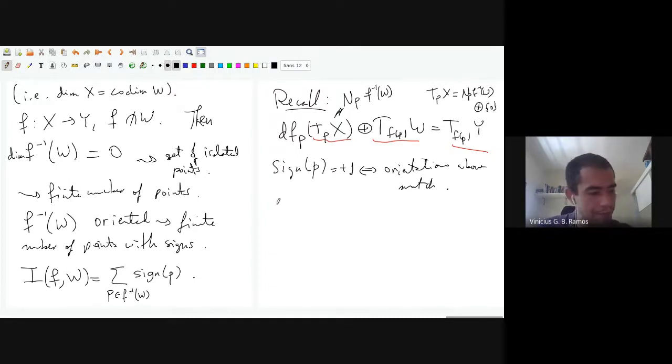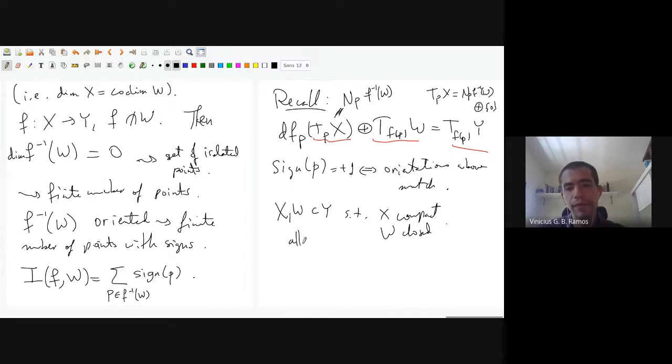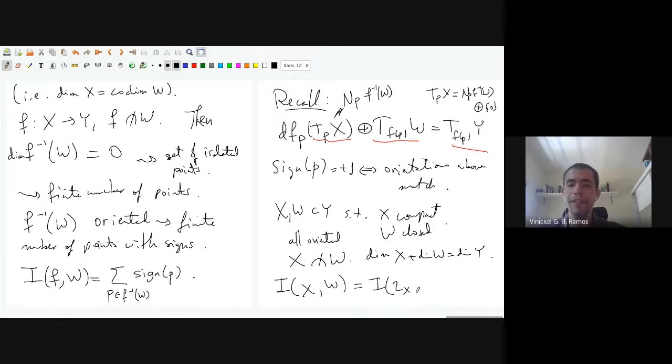Okay, so now if X and W are subsets of Y, with the same conditions, so that X is compact, W is closed, and they're all oriented, and X intersects W transversely, and the condition of the dimension holds, so the dimension of X plus the dimension of W equals the dimension of Y, then we can define the intersection number between X and W, and this is just the intersection of the inclusion function with W. I guess this is the definition, and this is probably what you'd imagine.